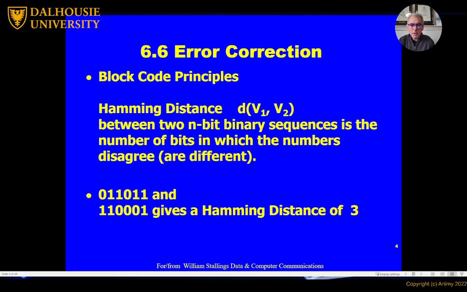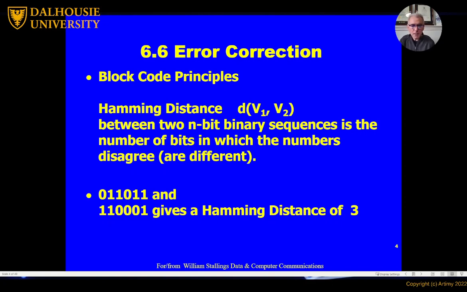There are a few new terms that we need to learn that will help us figure out the efficiency of these codes. So as I said before, if we use a specific set of words and send those words to the destination, and an error happens, the received word may be the same as one of the valid words, and that will not be detectable by the receiver.